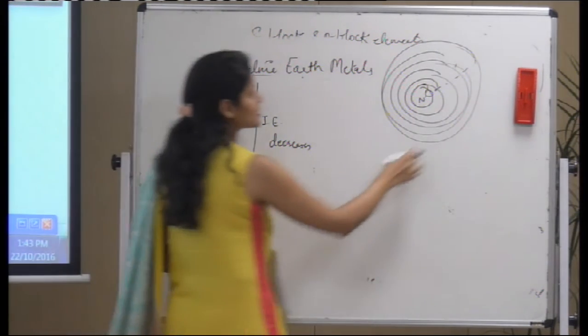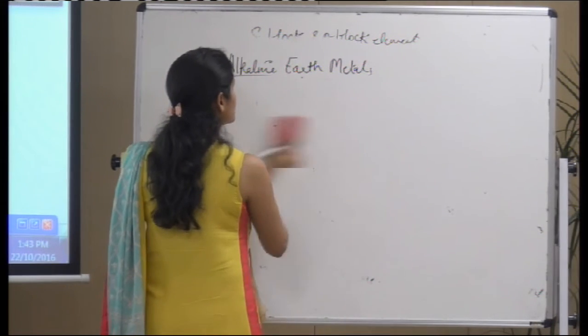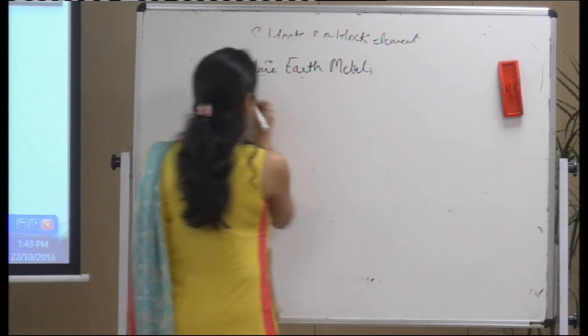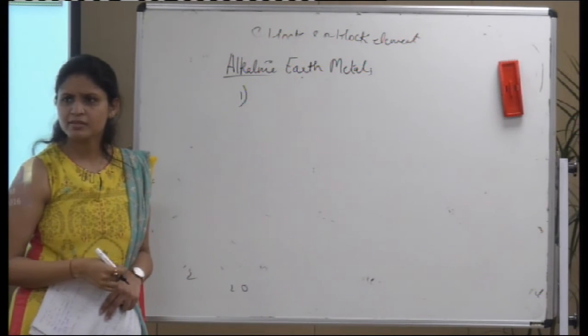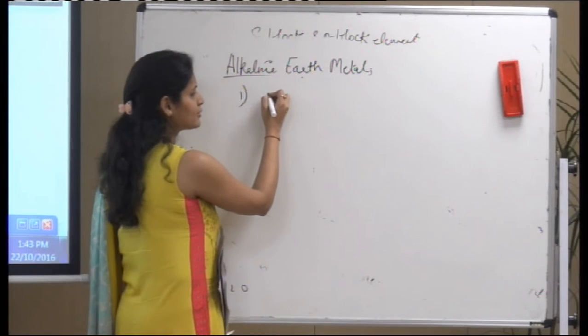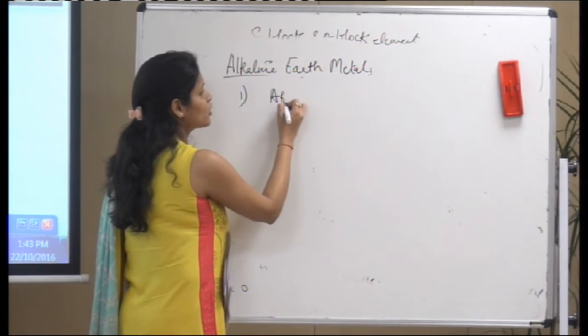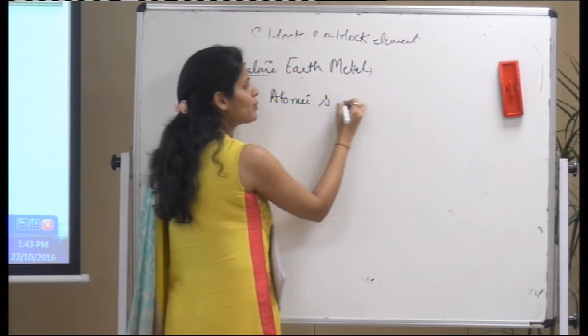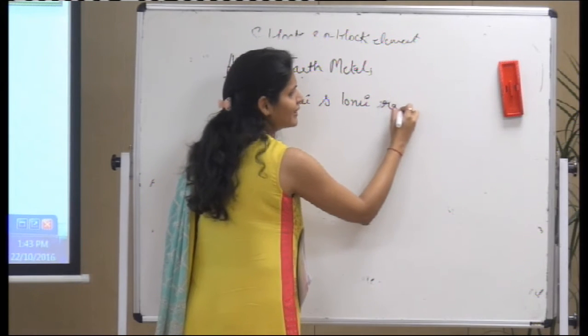Next, properties. On similar lines to what we discussed for alkali metals, we will discuss the properties for alkaline earth metals. The first property we were discussing was physical properties, first atomic size, and we will talk about both atomic and ionic size, ionic radii.